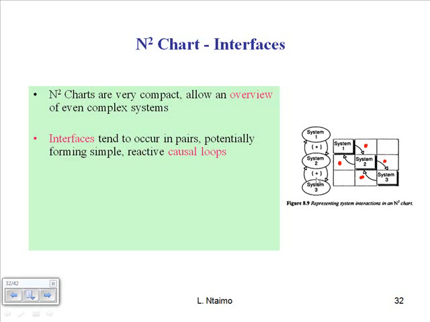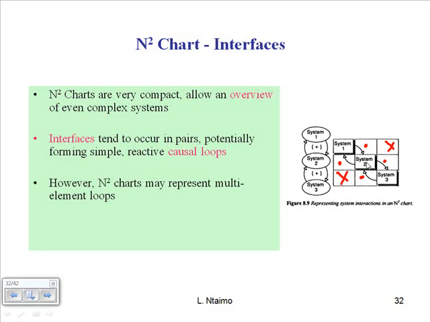There is no direct interface between system 1 and system 3. Okay, so whatever system 3 is doing is fed to system 1 via system 2. Okay. Again, this is just by looking at this simple n-squared chart, I can see that.